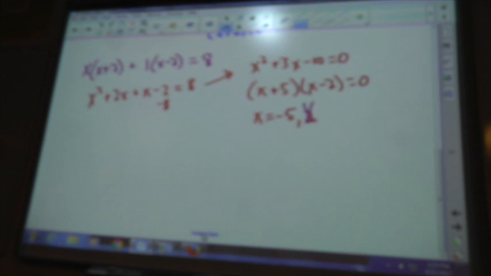Now keep in mind, I've been giving you guys multiple choice. The reason I don't mind giving multiple choice questions is because you'll have something like this. And doesn't any one of these sound like a good answer? Well, I got -5 and 2, but I'm too lazy to check.